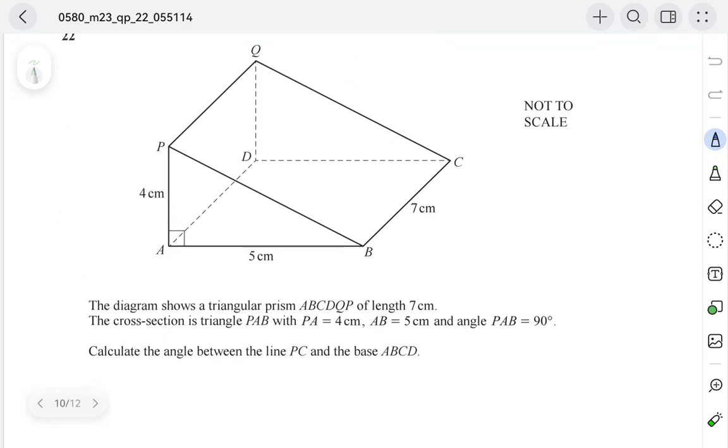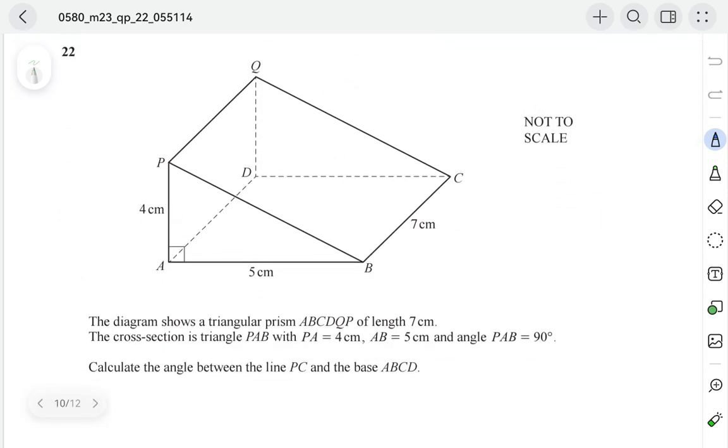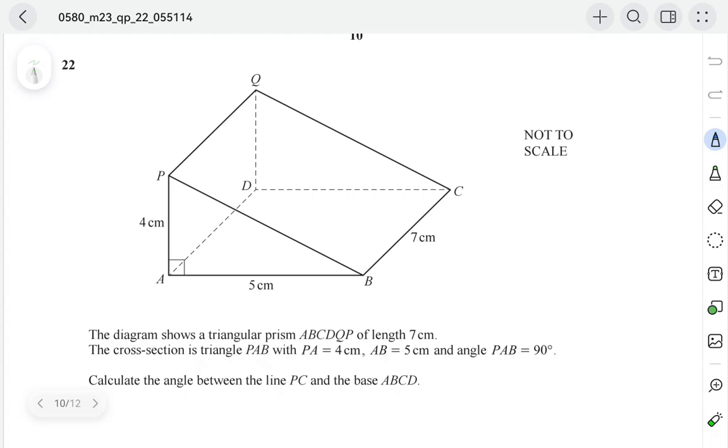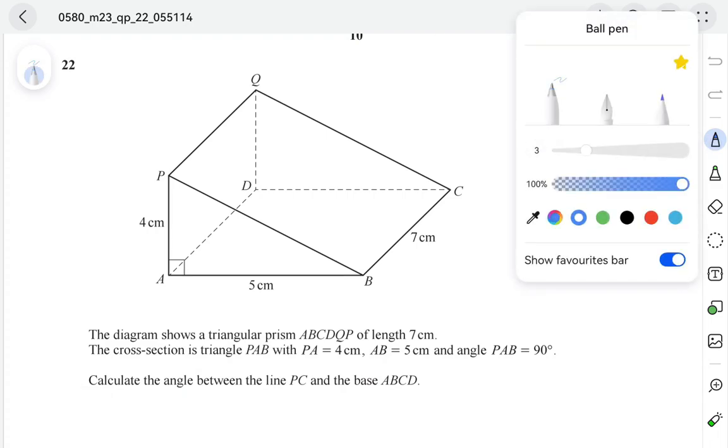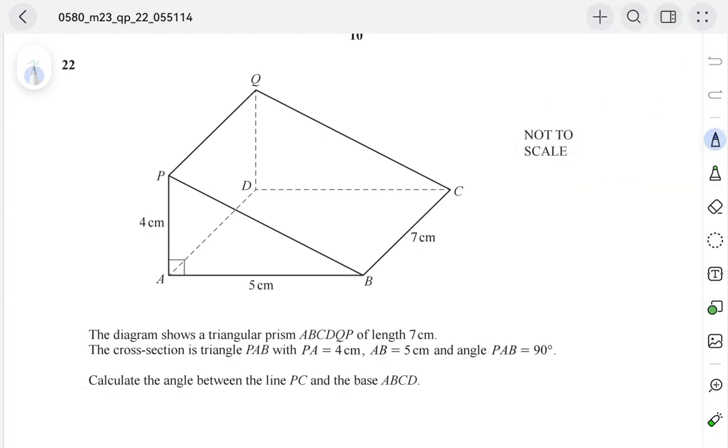Now moving on to question 22, we have another geometry question with this prism ABCDQP. What we want to find is the angle between the line PC, so P is here, C is there. This is a diagonal line.